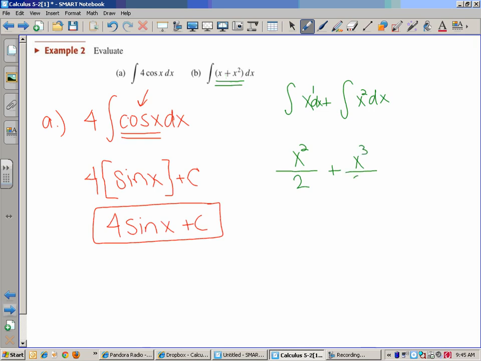Now divide by the new exponent. Then I add on the constant of integration. The parentheses here is telling us we're taking the derivative of both pieces with respect to x. It's important that this is the same as this variable. That's going to become a very big issue in chapter 6, so keep in mind that that has to stay constant.